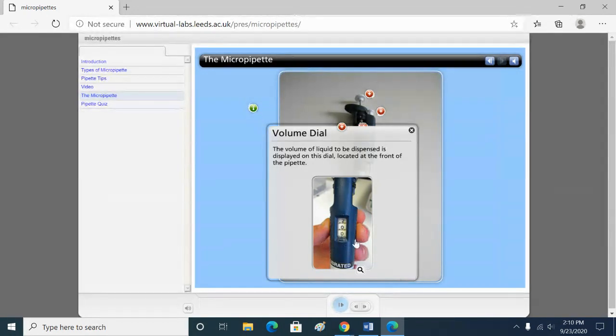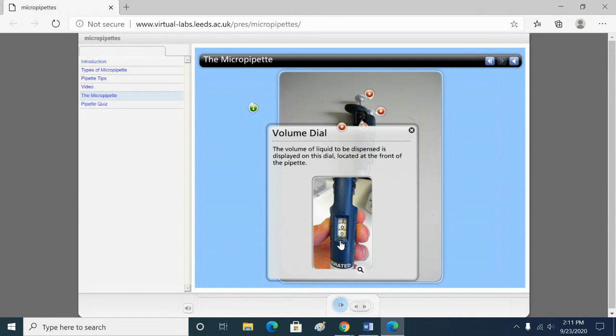If this is the P200 and it's set for 200, it's actually 200 microliters. If this is the P20 and it's set for 2 zeros, that's 20 microliters. So 200 is either 200 or 20, depending upon which pipette you're using. That's why you have to know what those numbers mean.